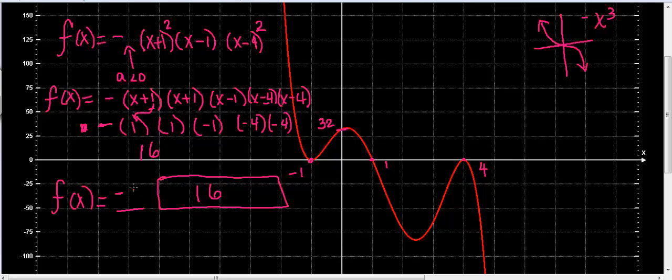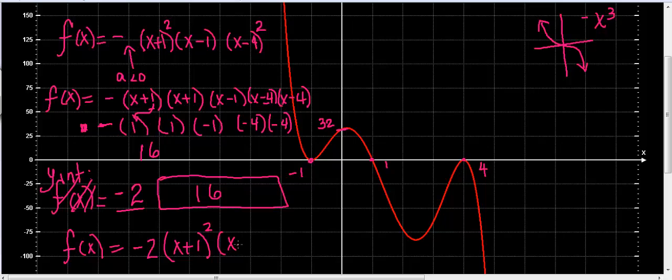That number would have to be 2. So my end result, and this is not f of x equal, this is y-intercept equal, would look like negative 2 times x plus 1 squared times x minus 1 times x minus 4 squared. And that's your final answer.